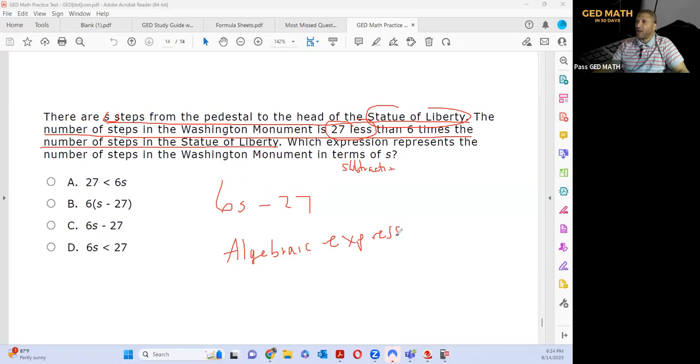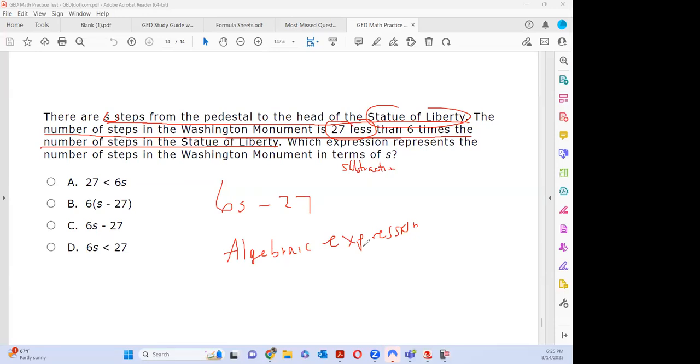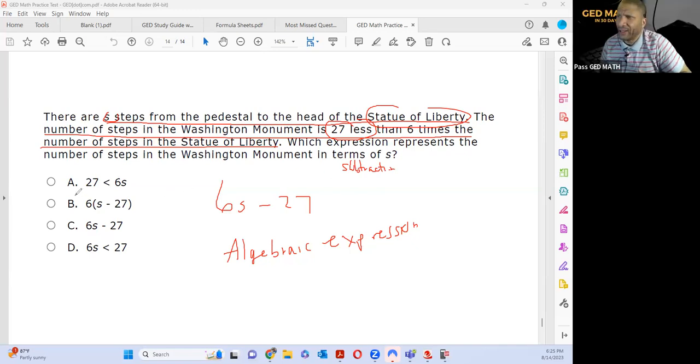This is not a hard problem, but you must be familiar with certain terms. That less than tells you subtraction. That 6 times tells you multiplication. Got me? So, Mr. Tinsley, how do I know the difference between B and C?